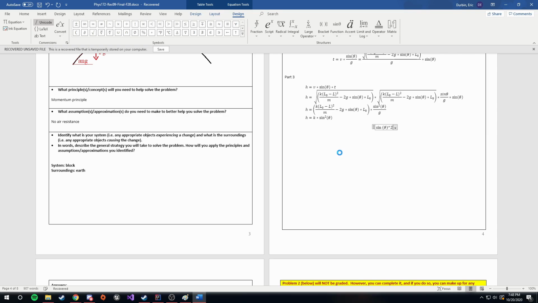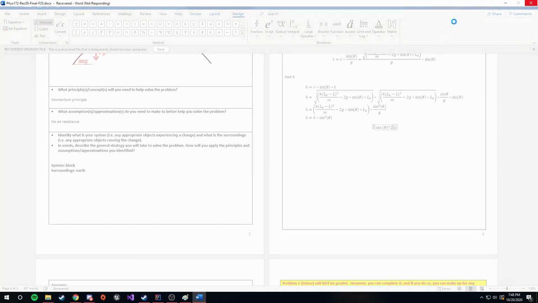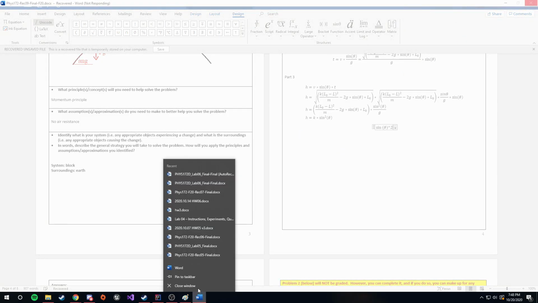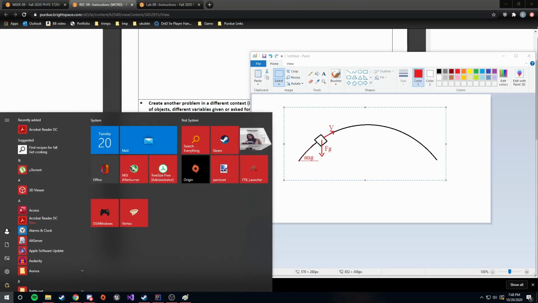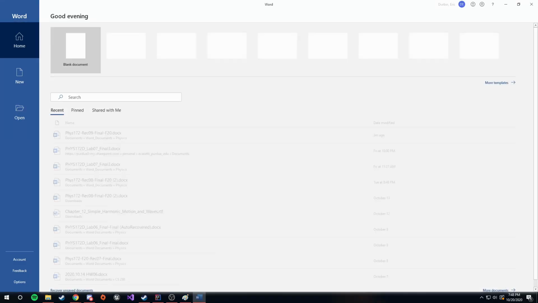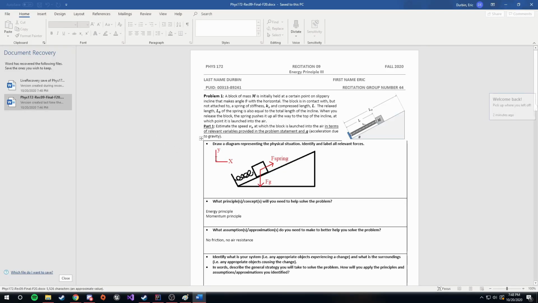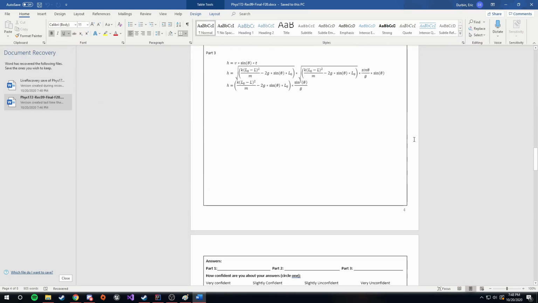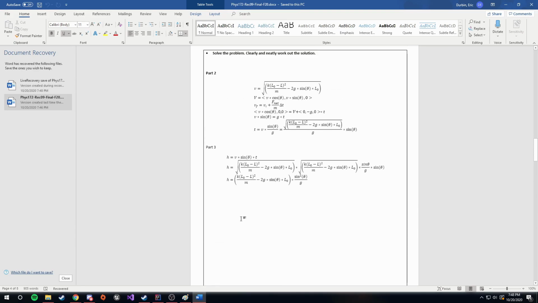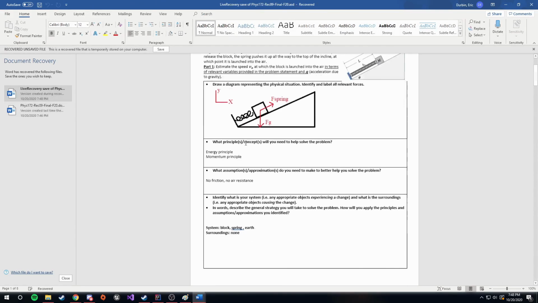Wait, so sine theta. So if you, Word? Hold on, let me try. No, don't try it. I'm doing this responsibly. Sine theta. Okay, I say that, but mine's fine. Well, no, it depends on how you do it. Okay, this is it.